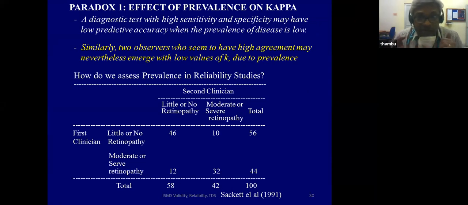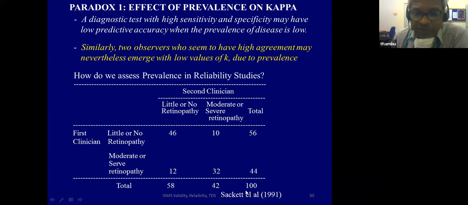The next sentence in yellow is most important. Two observers who seem to have a high agreement may nevertheless emerge with low values of kappa due to prevalence. So now let us look at the same example from Dave Sackett.